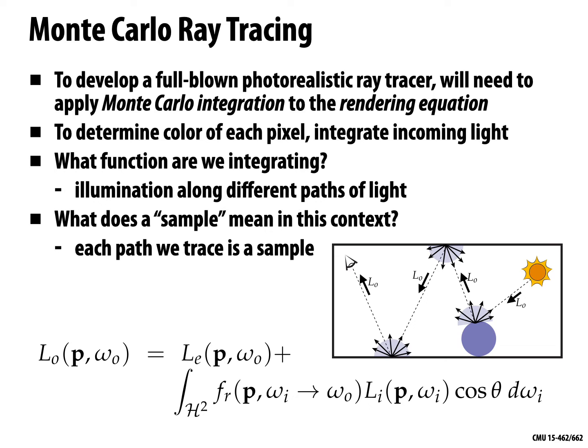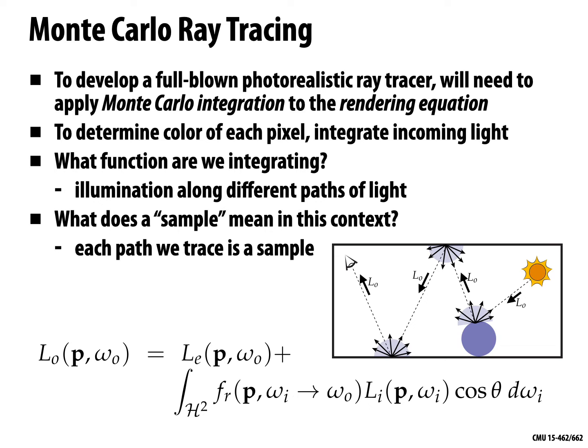The two terms on the right are how much light is being emitted from that point plus how much light was getting reflected off that point. So the first term, the emissive term, is just saying how much light is emitted from P in the direction omega naught.